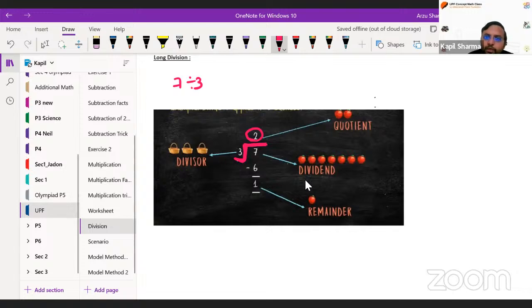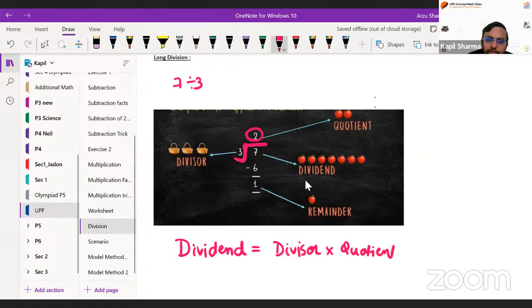So any questions here, guys? I hope you guys are familiar with these terms. So there is this relation that dividend is equal to divisor times quotient plus remainder.